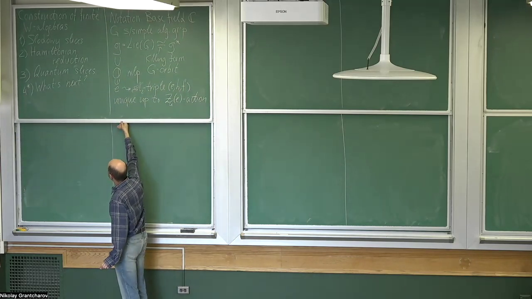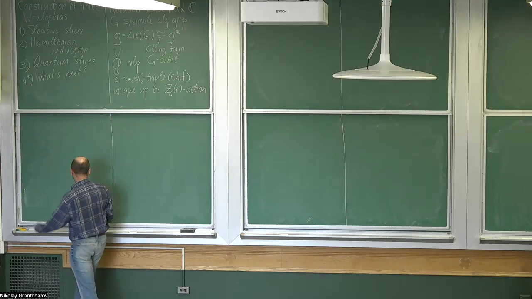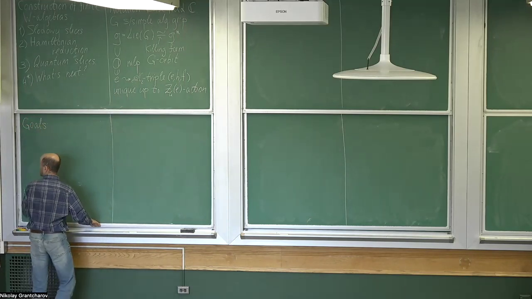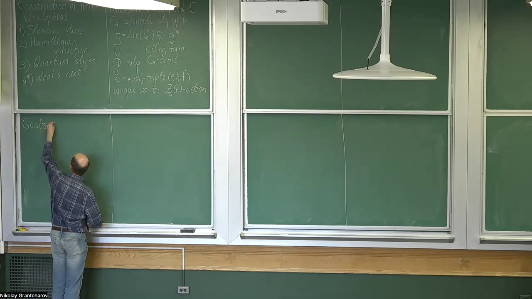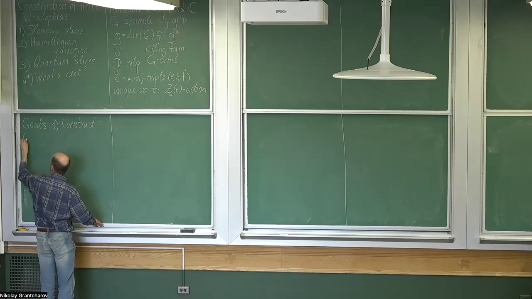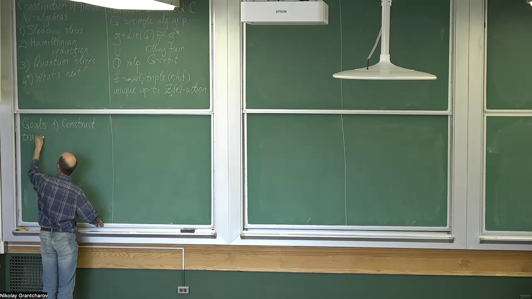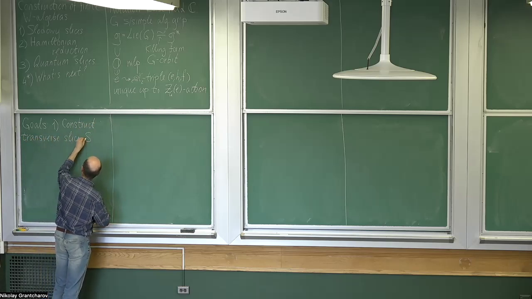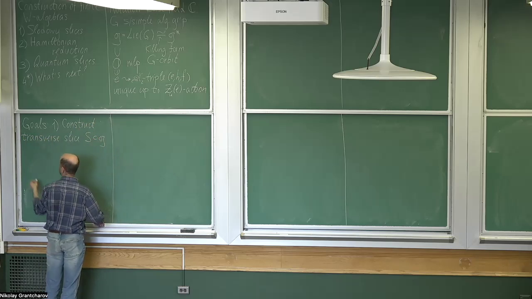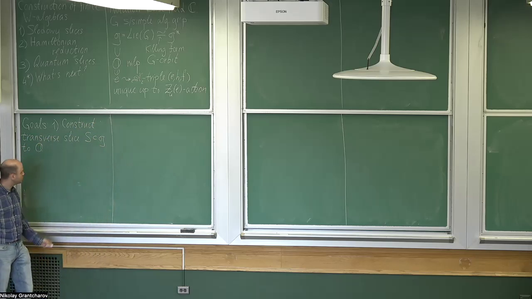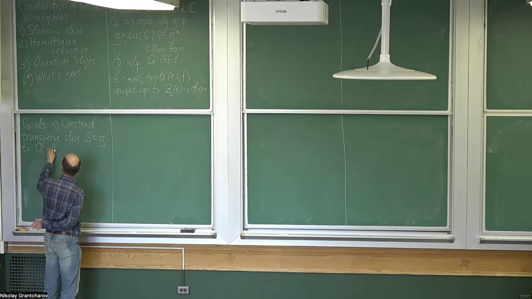Now, what are our goals for this lecture? First, I want to construct a transverse slice S inside of g, transverse to O, which is going to be an affine space, an affine subspace of g.